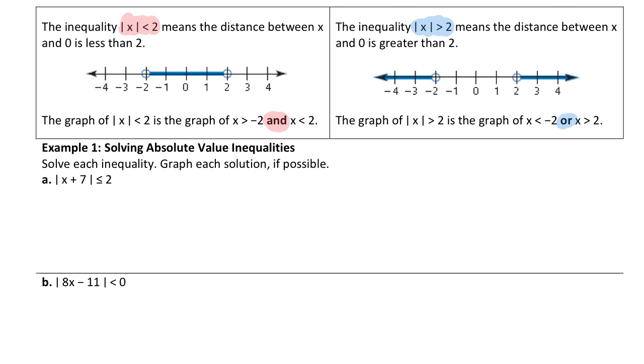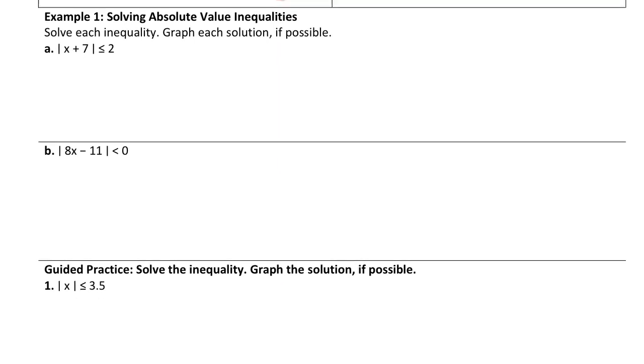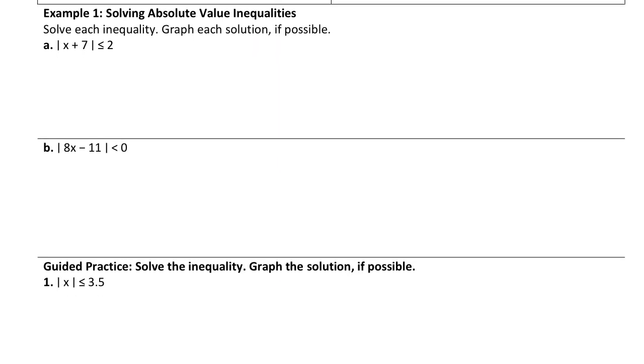So the way we set up our inequality and how we solve it depends on it being less than or equal to, being an AND inequality, or greater than or equal to, being an OR inequality. So when we get to the actual solving, we have to know the difference between AND and OR inequalities.